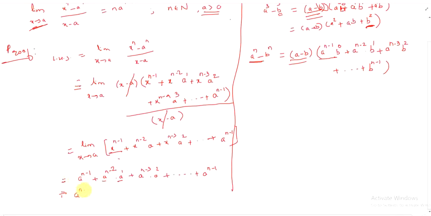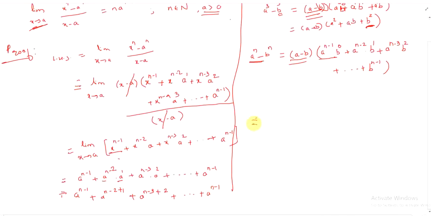A raised to n minus 1 plus a raised to n minus 2 into a, then we can write this in collective form as plus 1 plus a raised to n minus 3 plus 2 plus so on plus a raised to n minus 1.